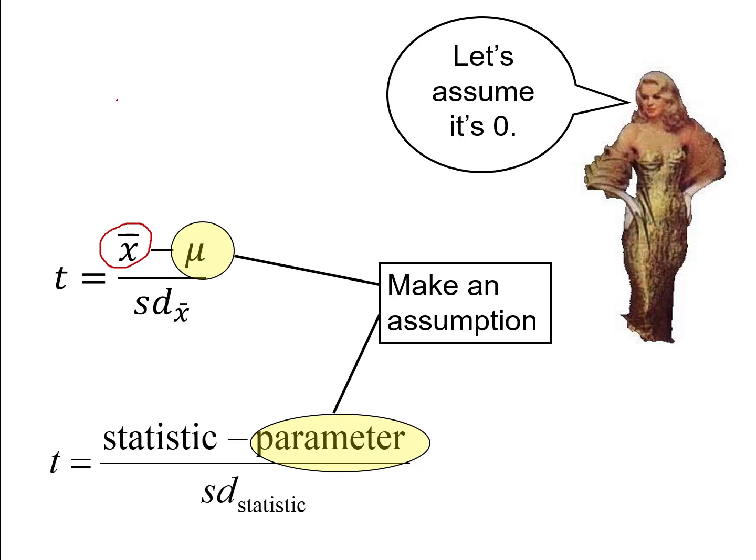Or if we're doing regression and calculating beta weights, our null hypothesis would be that the beta weight is 0, and like a correlation, that would also indicate that there's no effect. So usually the null hypothesis is an assumption that there's no effect, that the effect we're looking at is absolutely 0. We're simply going to assume the null hypothesis is true, and once we do, we can calculate our t-value, and there we go.